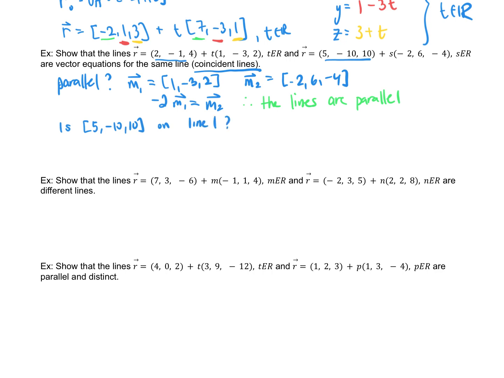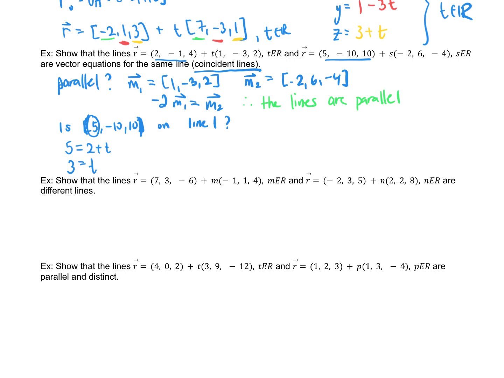So I'm going to use my knowledge of parametric equations and set those parametric equations equal to the specific x, y, and z component. So the x component of the first line is 2 plus t, and I'm going to set that equal to the 5. And now let's solve for t. If I bring the 2 over, I get 3. Now, I have two options here.